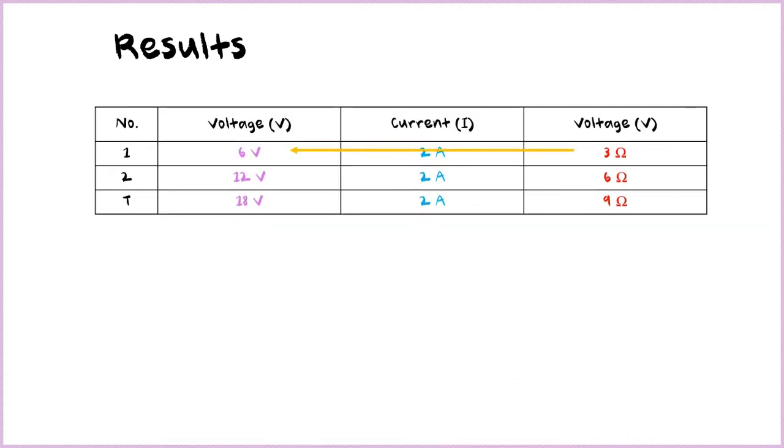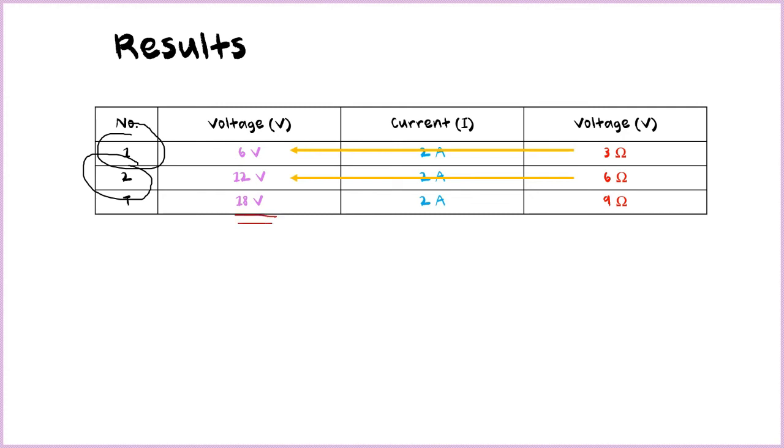As you notice, 3 ohms has a lesser voltage and 6 ohms has a higher voltage compared to the 3 ohms. And take note that the voltage across the resistor R1 and the resistor R2 is lower than the total voltage.